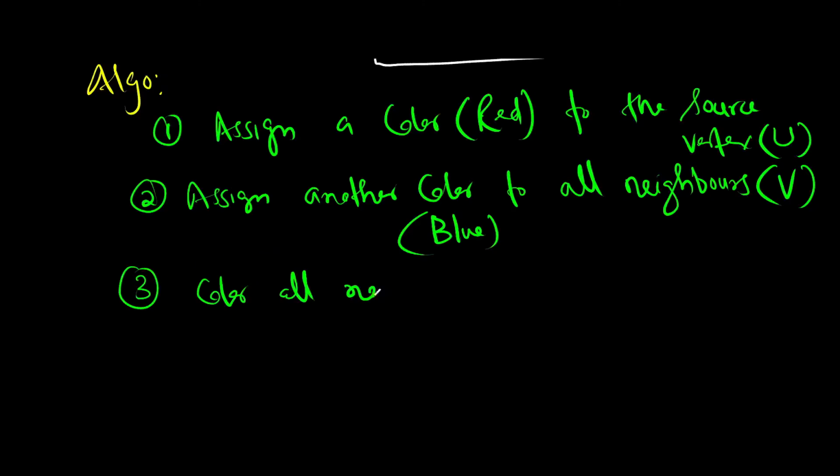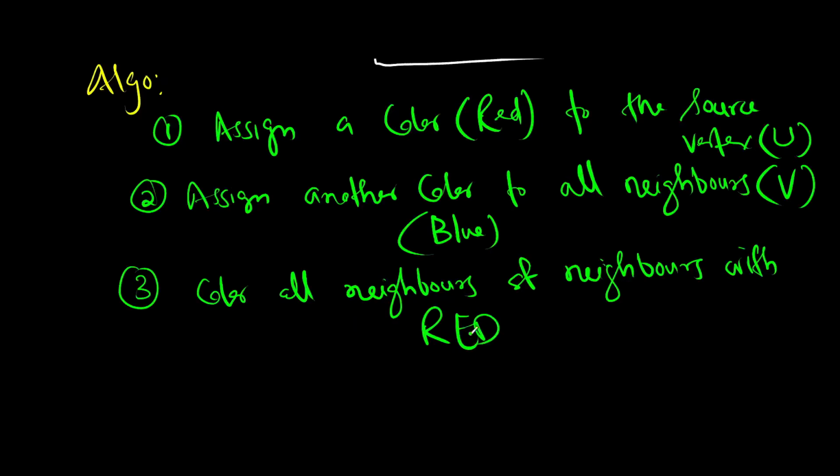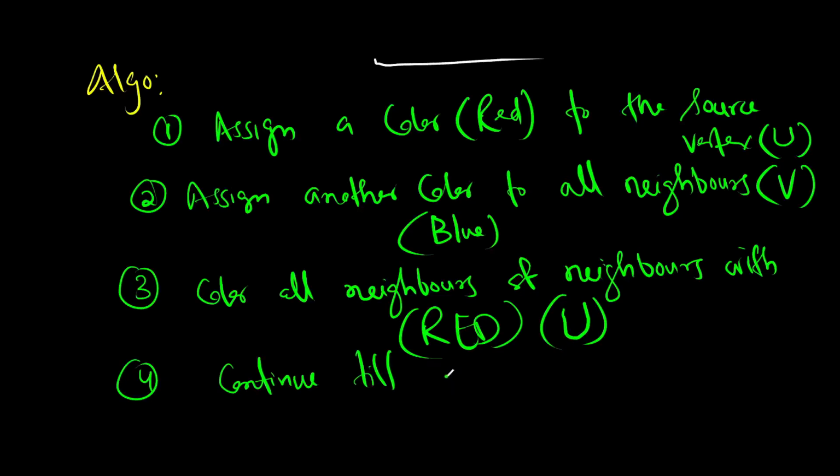Now again, we color all neighbors of neighbors with the first color, and that is red in this case, and that will come in the U set. Okay. Now you are going to continue this, and till when? Till all vertices are colored. Clear?